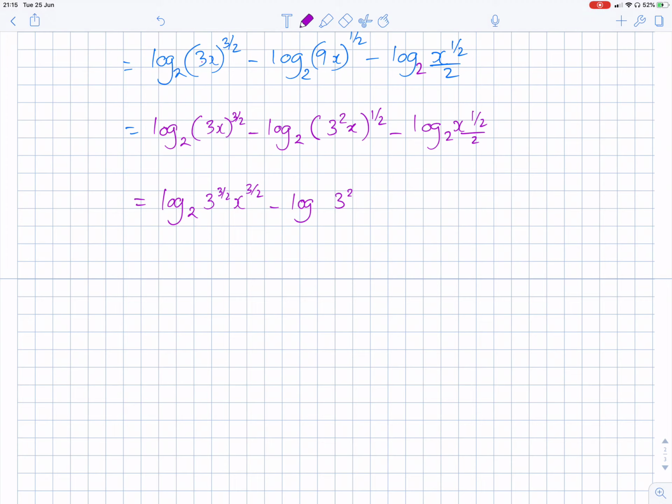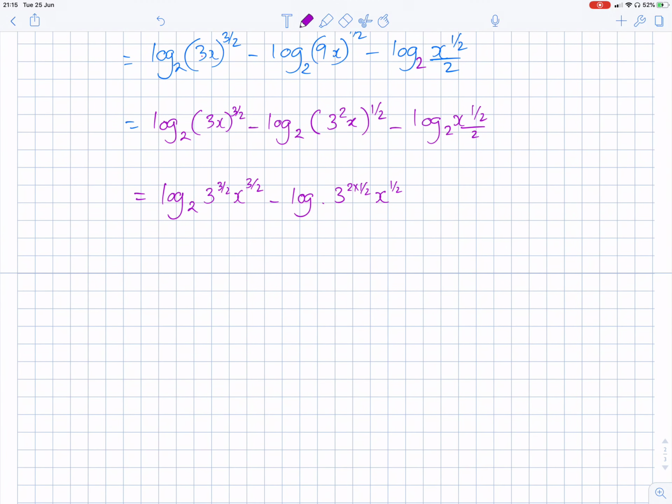3 squared, and then you're going to multiply that by half, x, and you're going to multiply that by half, the power half. This is base 2 minus log x to the power half over 2 base 2.